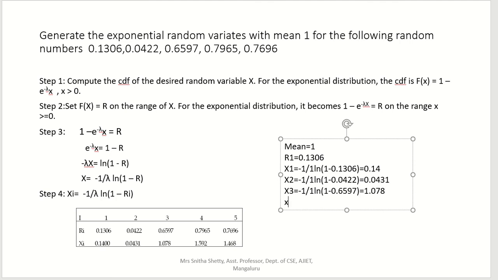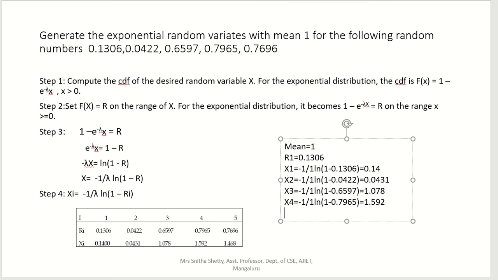Next x4 is equal to minus 1 divided by lambda. Lambda is 1, right? Next ln of 1 minus r4, which is 0.7965. So you'll get the answer as 1.592.